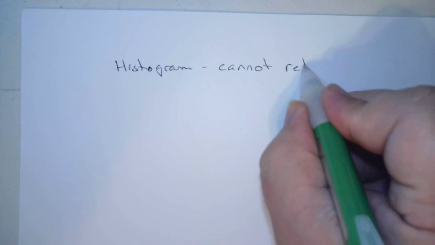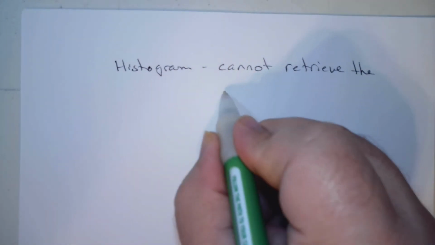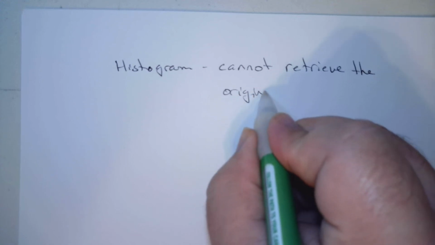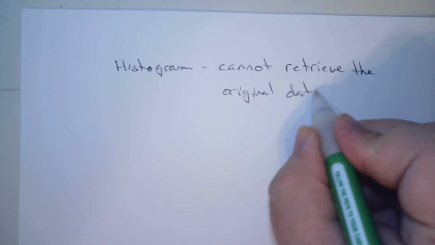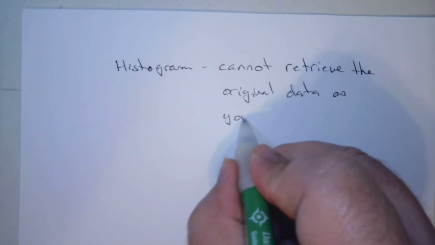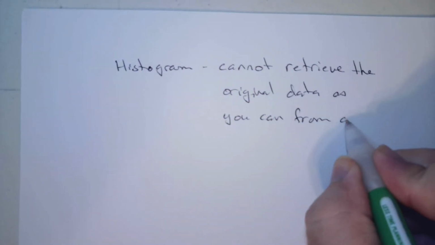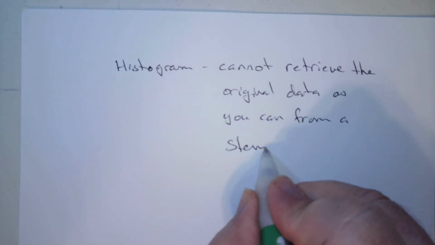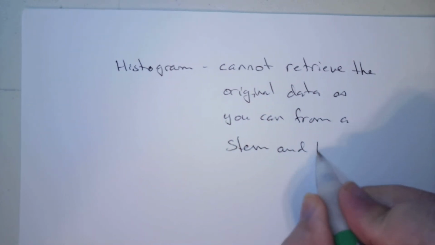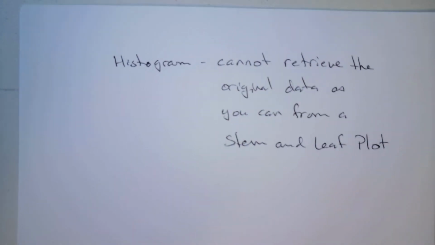You cannot retrieve the original data as you can from a stem and leaf plot, because all it does is represent the frequency of them, so the data is gone.